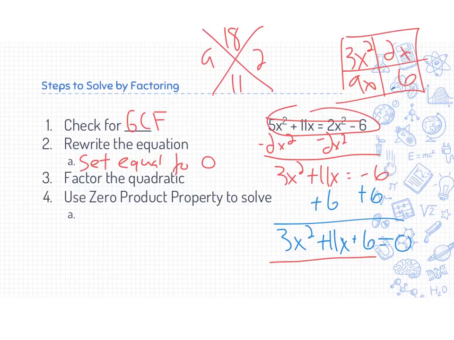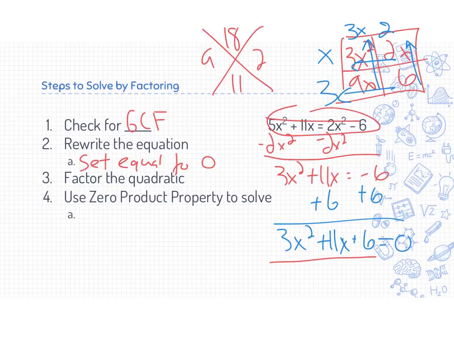And then let's go GCF, so 9x and 6 is 3. 3x squared and 2x is x. 3x squared and 9x is 3x. And 6 and 2 is 2.